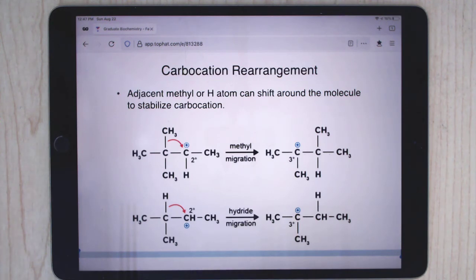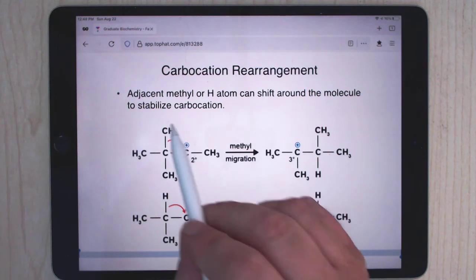Now, one of the problems with SN1 reactions is that you're forming that carbocation, and while it's waiting around for the nucleophile to come in and get rid of it, it can rearrange in order to stabilize the carbocation. These reactions are fairly slow, so it has some time to say, well, if you're not going to get rid of it, I'm going to stabilize it to help me out.